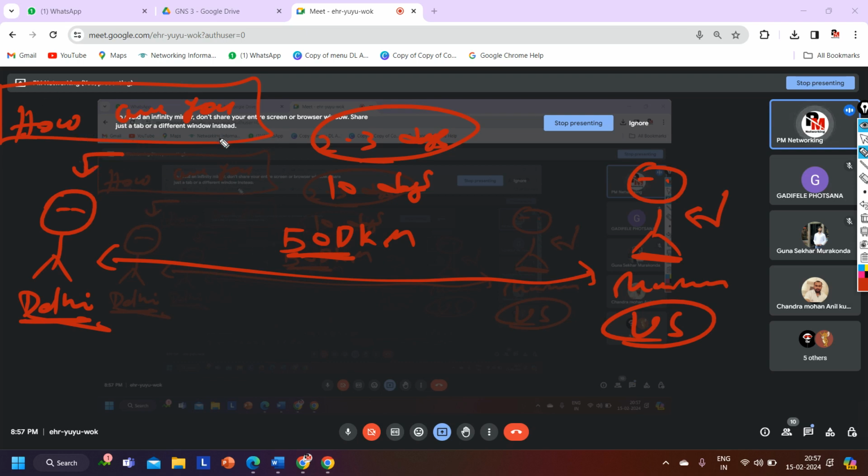If you write a letter, first you have to write it on paper, then put it in an envelope, then put the source address and destination address, and you have to pay some money to the postman. Getting my point? But through a network, you just need to take connectivity from an ISP, you can connect to the internet, and then you can communicate with any guy around the globe. Correct guys?